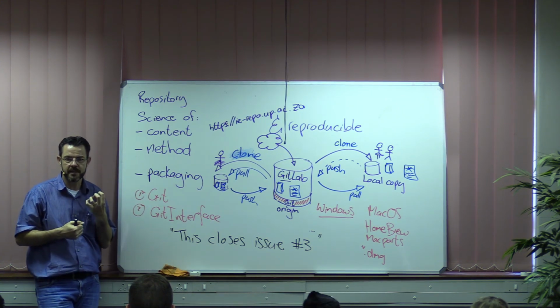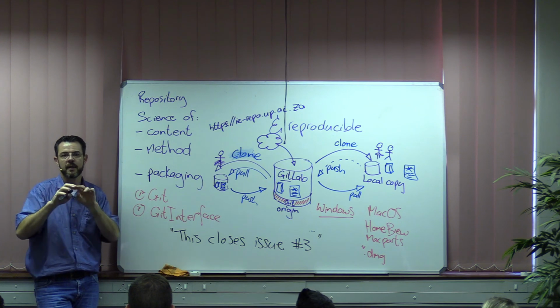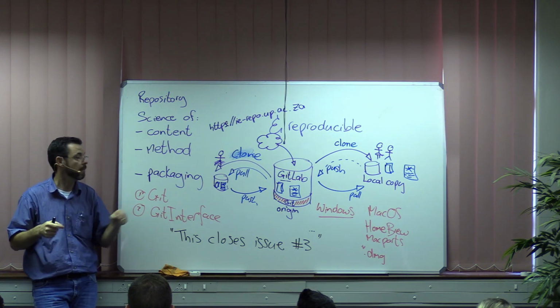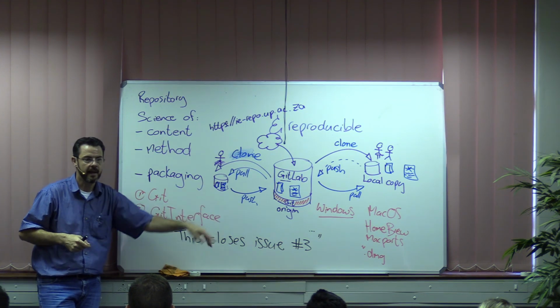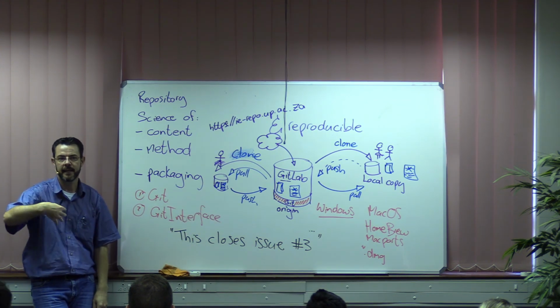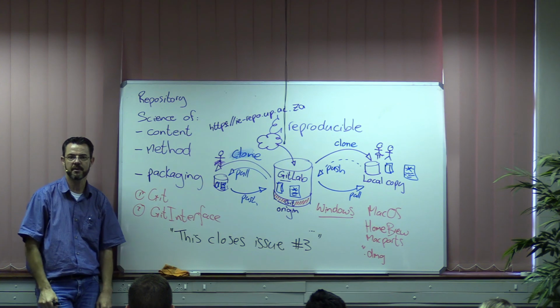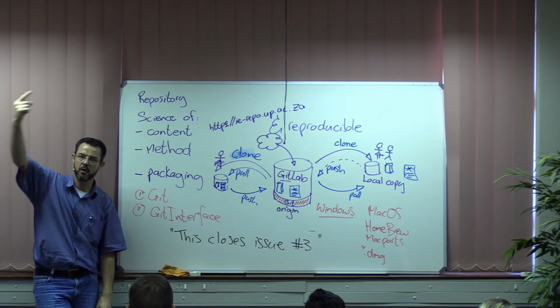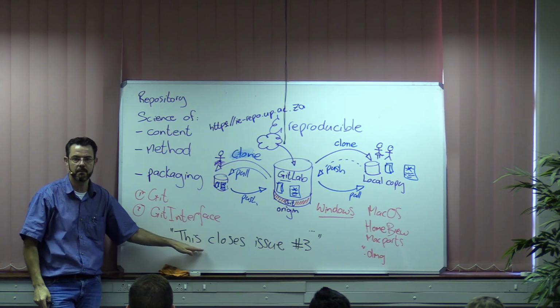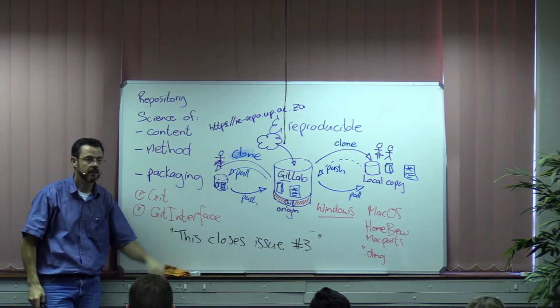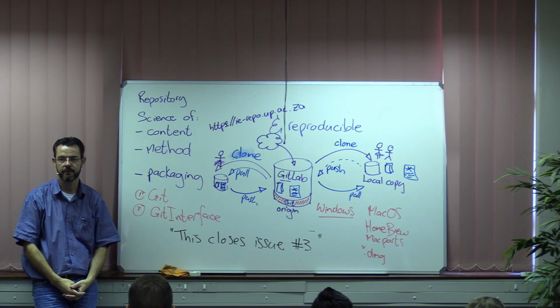I do a pull on my side, I've got your latest repository, I can check the code quickly, and in my commit message, I say, this closes issue #3. It gets pushed back to the repository, and I don't have to go to the web and close it. It picks up from the commit message that this is being done.